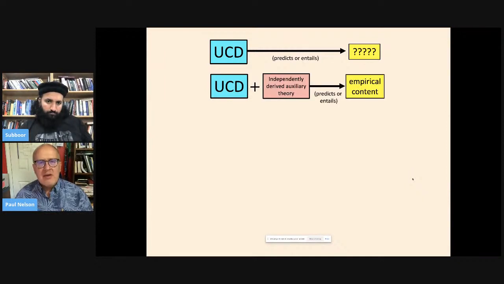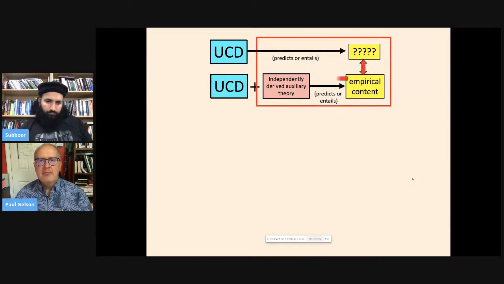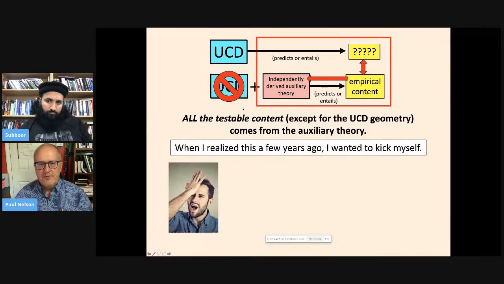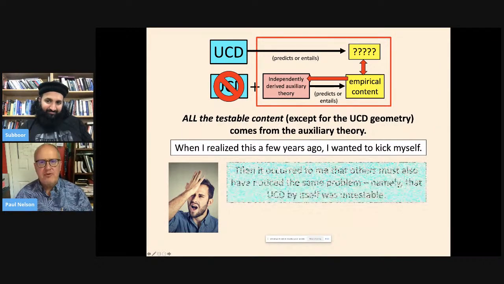Okay, when I realized this a few years ago, namely that the empirical content was due to the auxiliary theory, not to universal common descent, I wanted to kick myself, right? It was so obvious. I thought, why didn't I grasp this before?